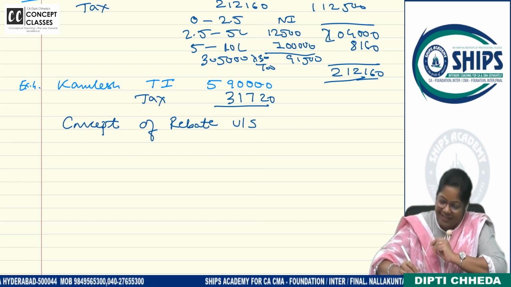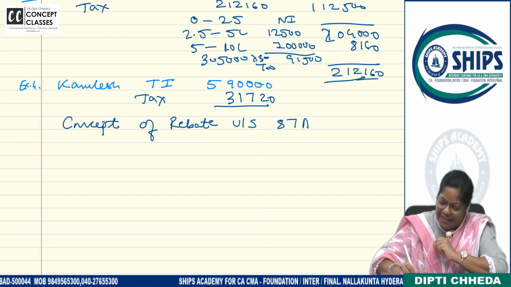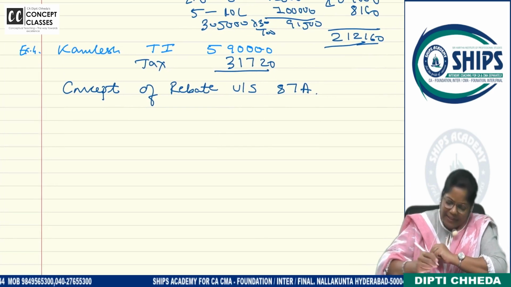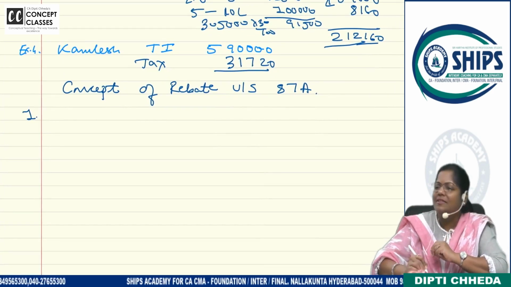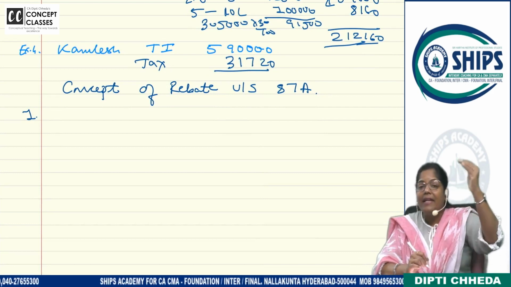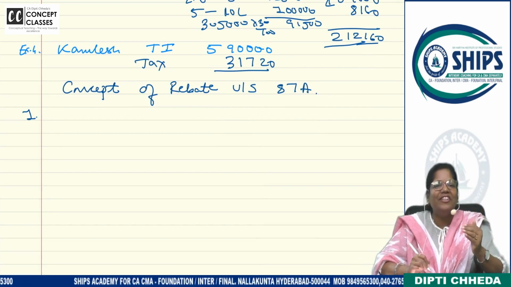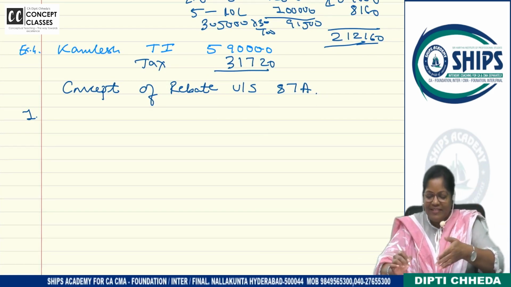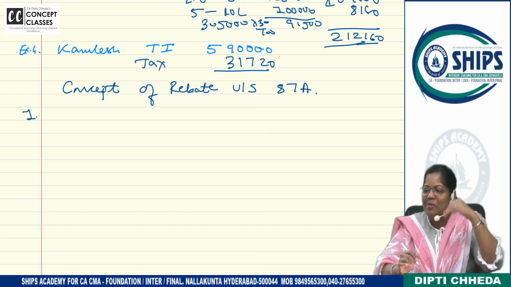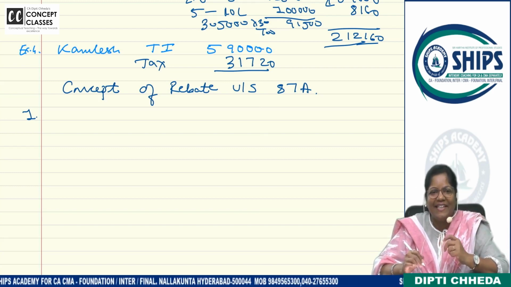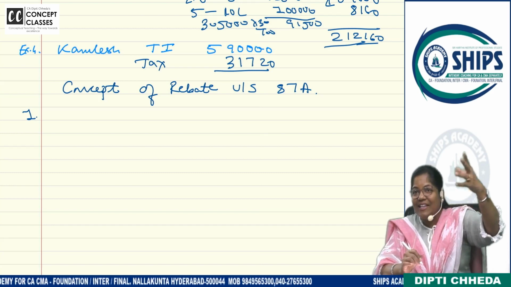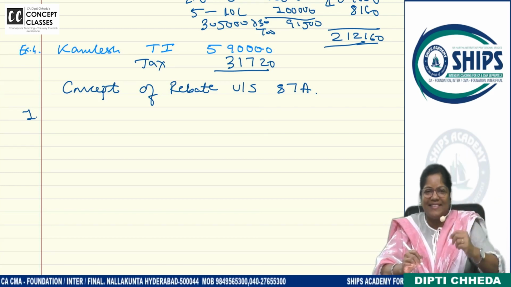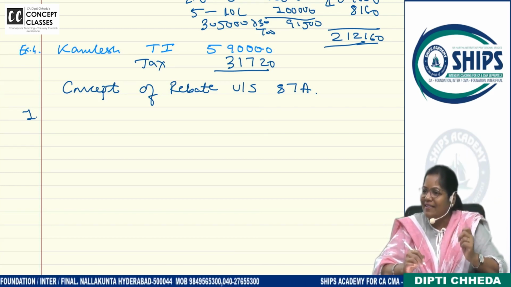Concept of rebate under section 87A. Now for 2 minutes, nothing for you to write. Listen to the concept. Rebate is reduction in the tax. I am teaching you 87 rebate now. Finally I will teach you 90 and 90A rebate, because you are paying tax in 2 countries, so you get rebate, relief.